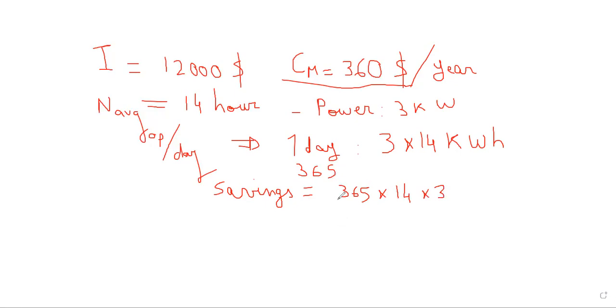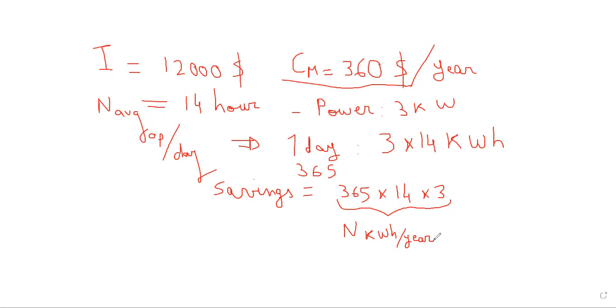So when I do this, what do I obtain? 365 times 14 times 3. I obtain the number of kilowatt hour that I am using from my turbine per year. And if this turbine was not present, I should buy this electricity from another resource, let's say from generators. Okay, so I know what is the price of 1 kilowatt hour.